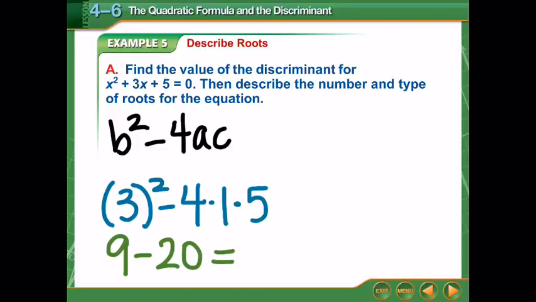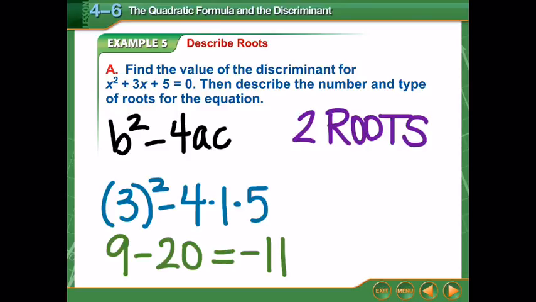So that's negative 11. So from that chart earlier, we said that if it's a negative number, when it's less than 0, that means that it is a complex root or a complex solution. So there are 2 roots here, but they are complex. Or that's another word for imaginary.